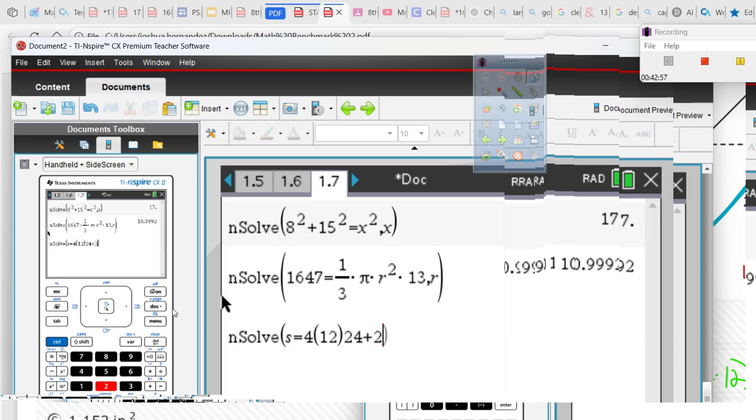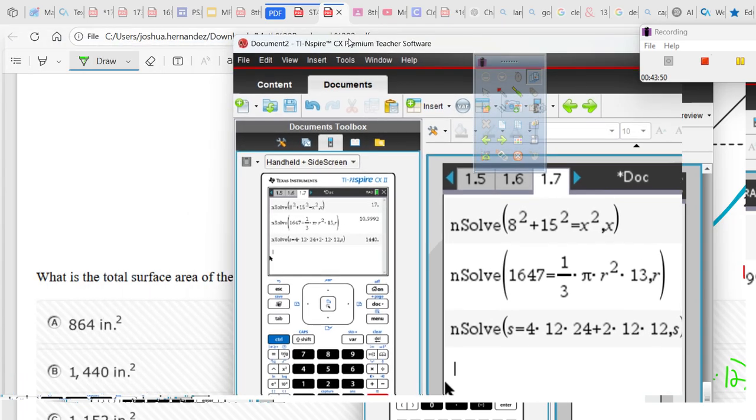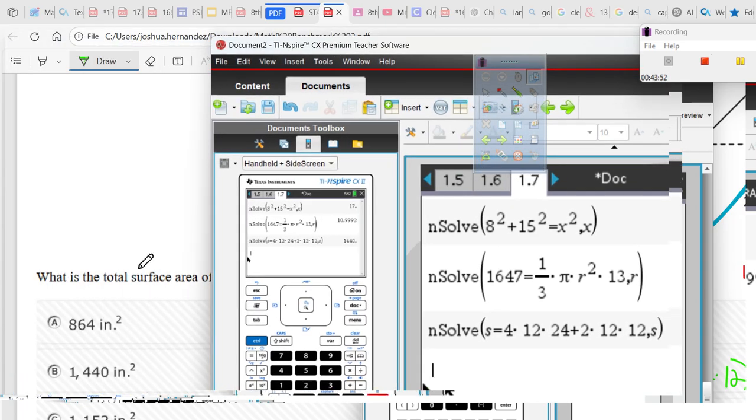Plus 2, and I'll put 2 times 12 times 12. And then comma S. 1,440.